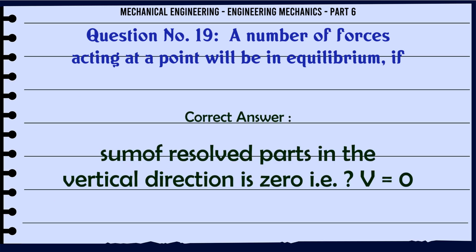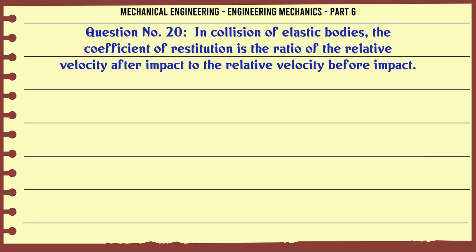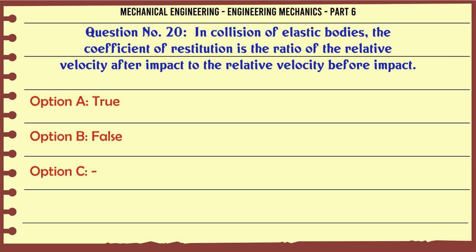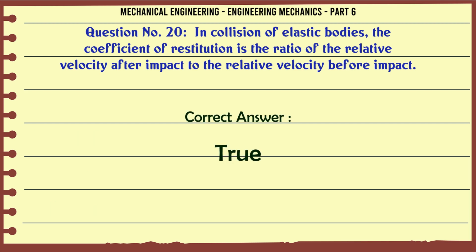The correct answer is sum of resolved parts in the vertical direction is 0, i.e. ΣV = 0. In collision of elastic bodies, the coefficient of restitution is the ratio of the relative velocity after impact to the relative velocity before impact. A) True, B) False. The correct answer is true.